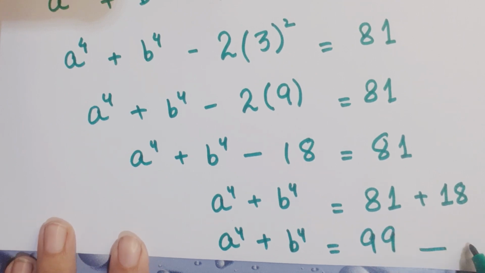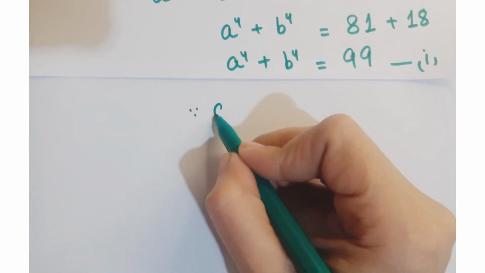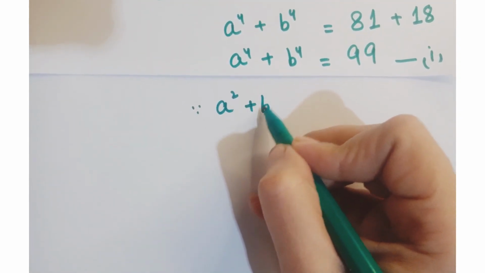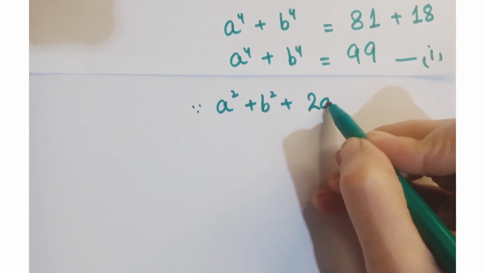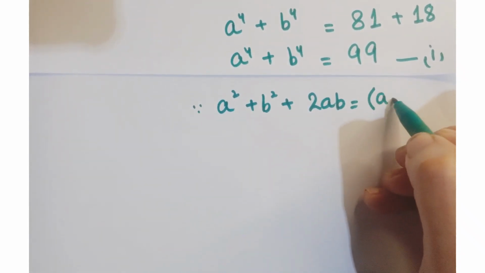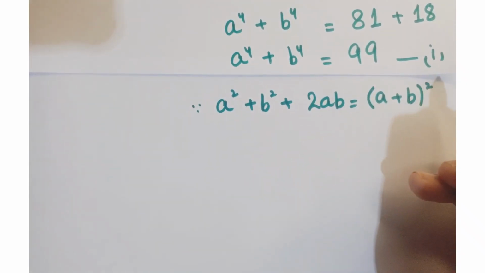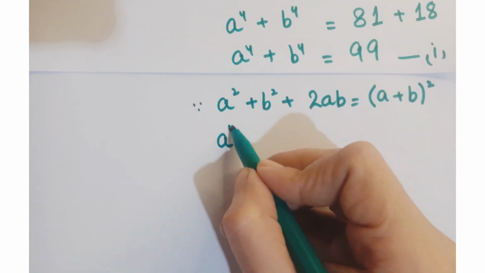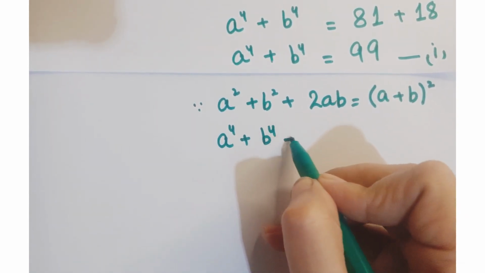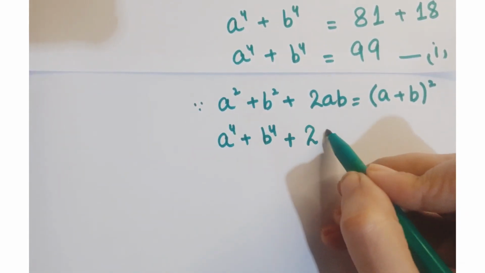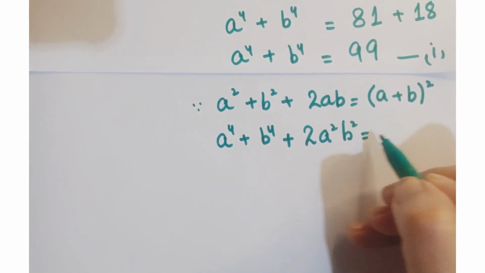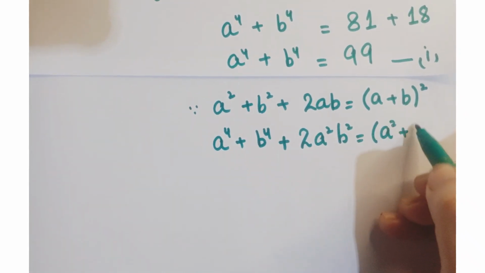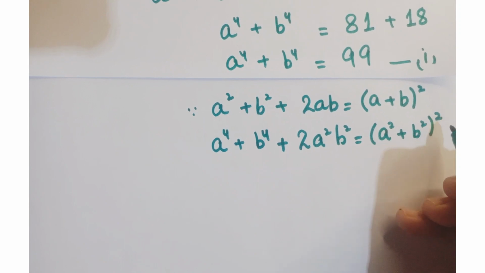Now just call this equation number 1. Now, as you know, a square plus b square plus 2ab is equal to (a plus b) whole square. So we can say that a to the power 4 plus b to the power 4 plus 2 a square b square is equal to (a square plus b square) whole square.